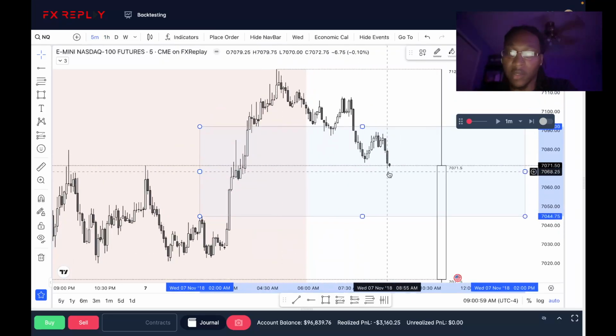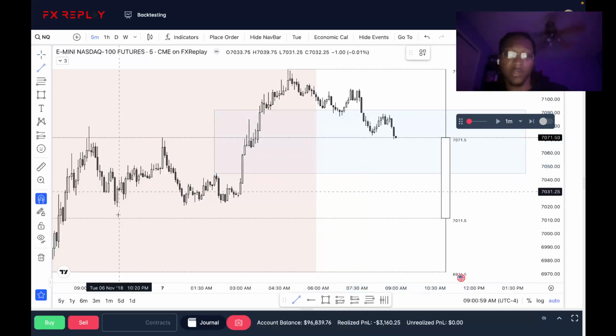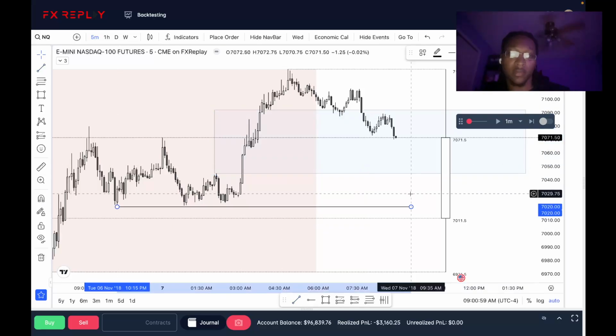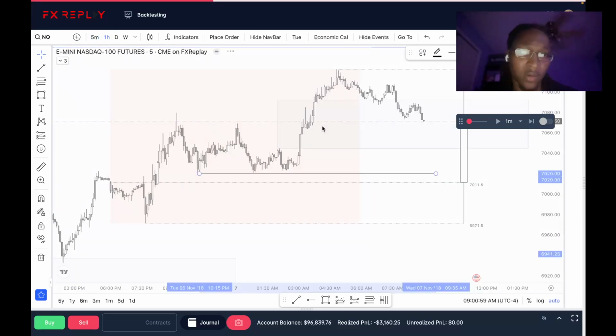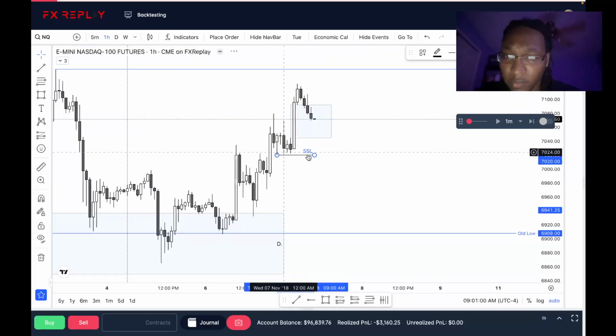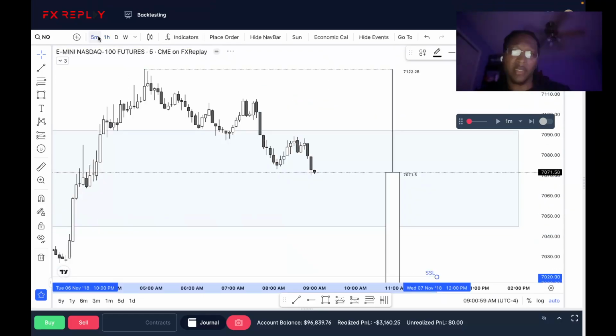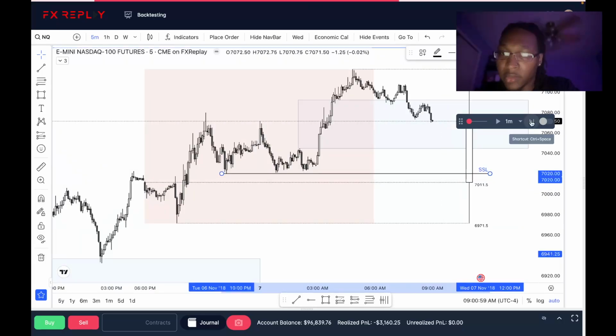So I want to see a low formed inside of this gap. We can even come down into this gap or maybe run below these lows because those are relatively equal. And on an hourly, yeah, those are some nice swing lows that I would like to take out if we can, and then push higher. So let's see.